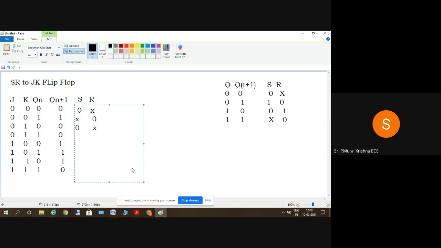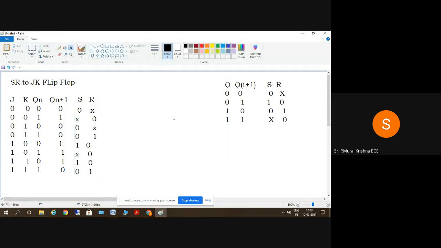And 1 0 gives 0 1, and 0 1 gives 1 0. And 1 1 is don't care 0. Okay, so now find the equations for S and R.